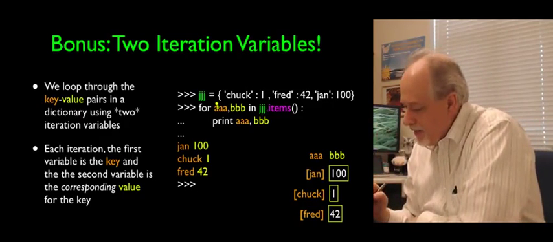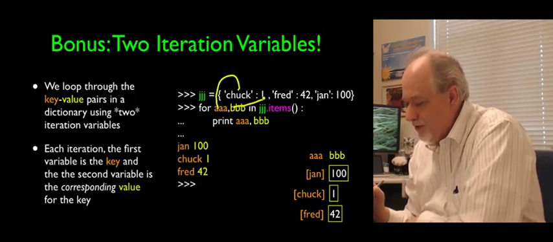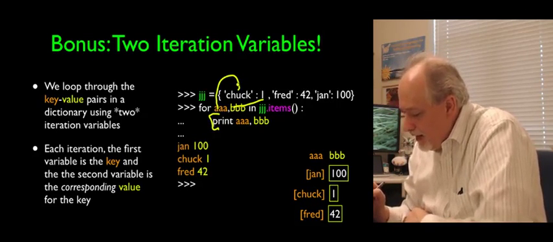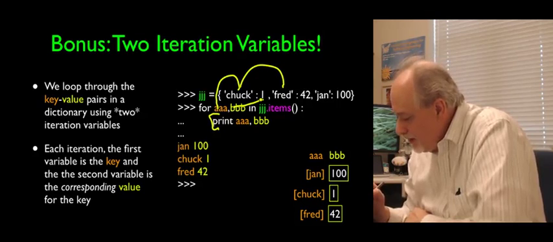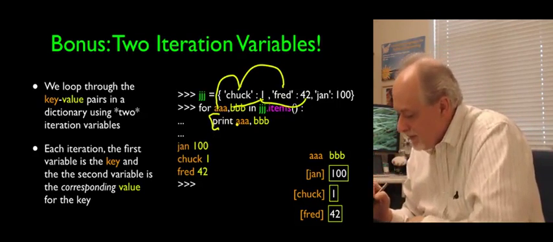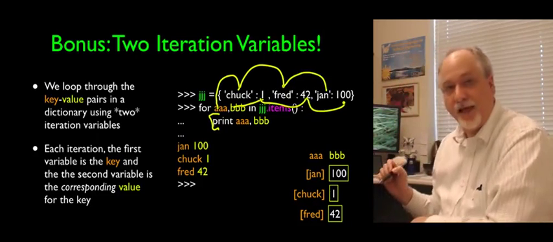So AAA takes on the value of the key, BBB takes on the value of the value. Then the loop runs once, then AAA is advanced to the next key, and BBB is advanced to the next value simultaneously, synchronized. Then they print that out. Then it advances to the next one, and they print that out.